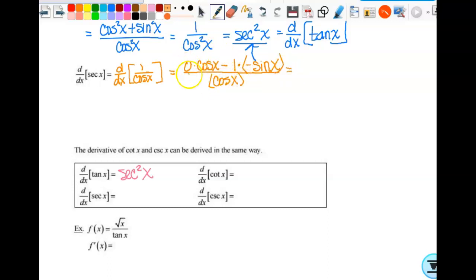So this part is 0. Negative 1 times negative sine is just sine x over cosine squared x.